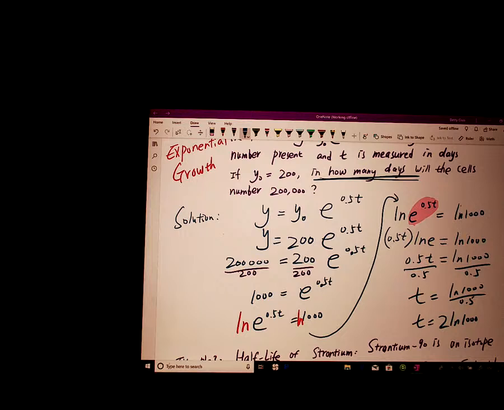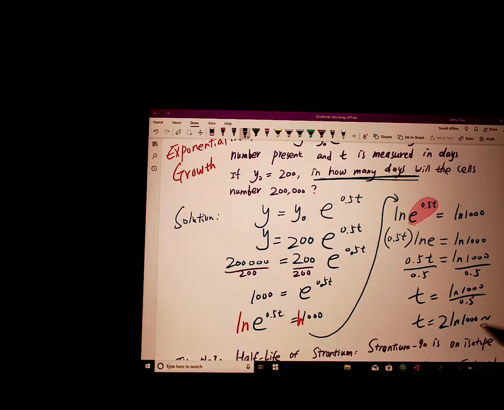If you use your calculator, you would see the value. Let me see what I have. How many days? 13.82 days.